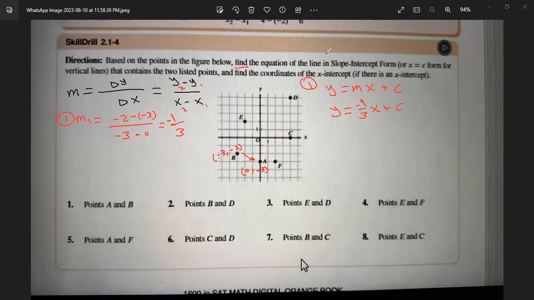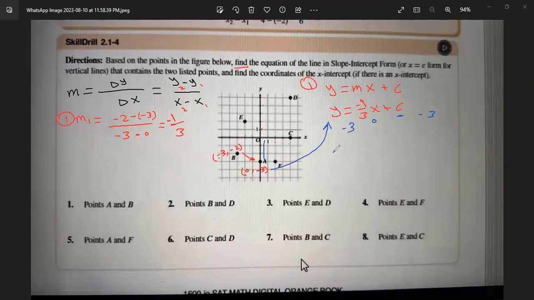We can plug in the value of whatever, but it would be better to take x equals 0 here. We just substitute by this point here, and y equals negative 3. Also, without plugging, you have the y-axis intercept here, which is negative 3, so c must be negative 3.